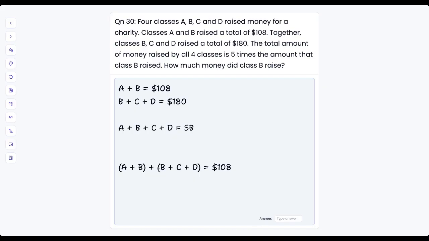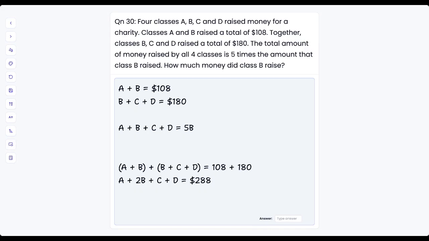In this case, A plus B is equal to 108, plus 180. All right, so this would then be equal to A plus B plus B, which is 2B, plus C plus D. And for this one, 108 plus 180 is $288.